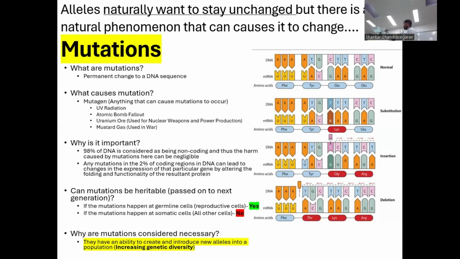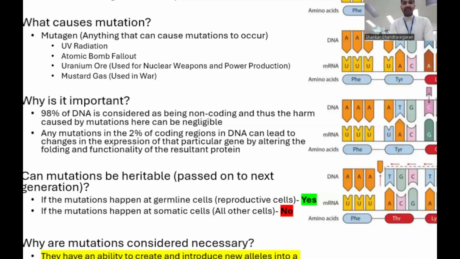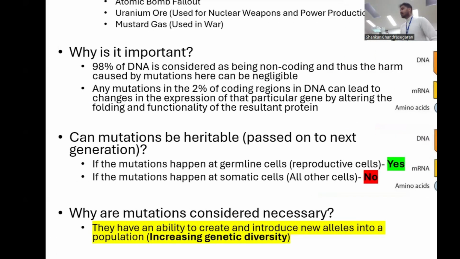And why is it important for mutations to exist? So sure, they can be dangerous, but they also have a purpose for humans. They also have a purpose for living things, which is that it creates and introduces new alleles in a population. So remember how I said that within a population, there exists a lot of variability in terms of alleles. Some of you might have homozygous dominant, some of you might have heterozygous, and some might have homozygous recessive.